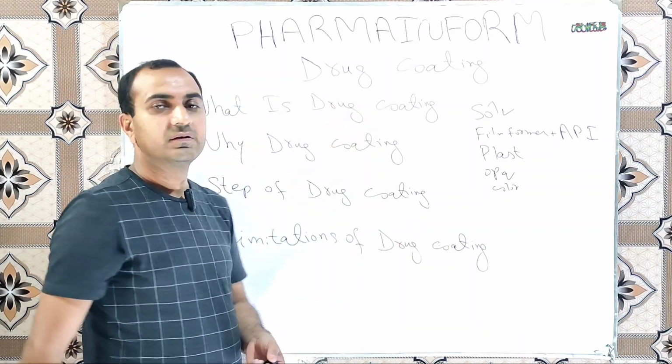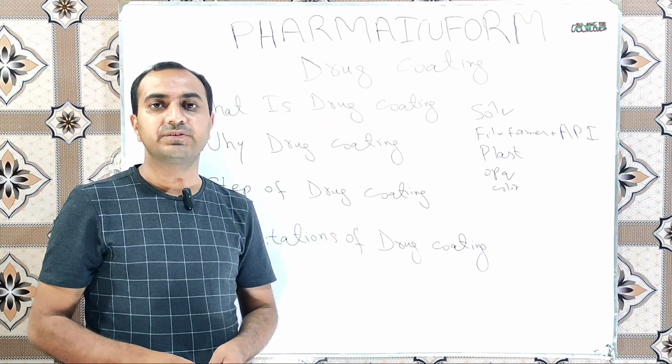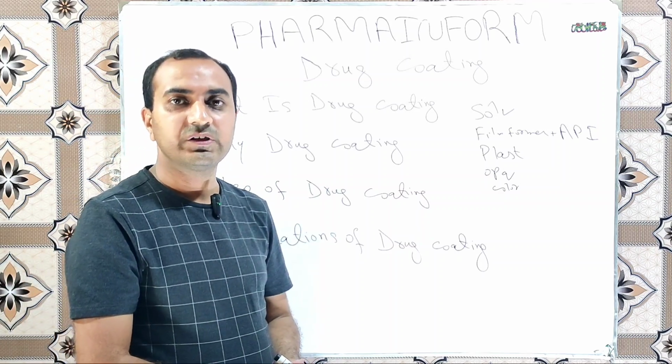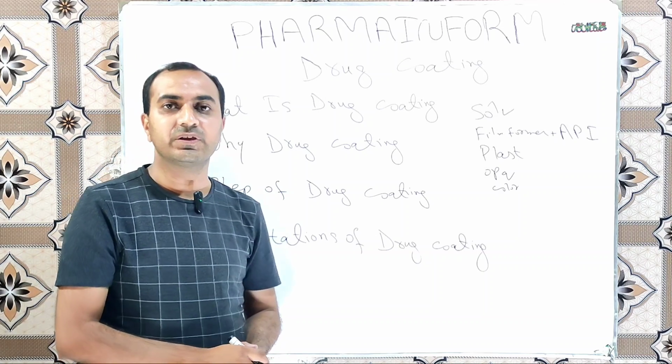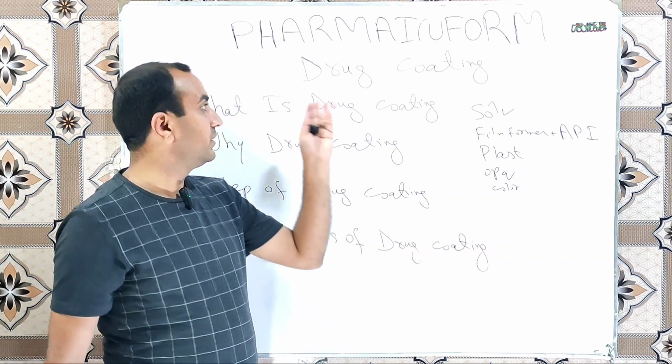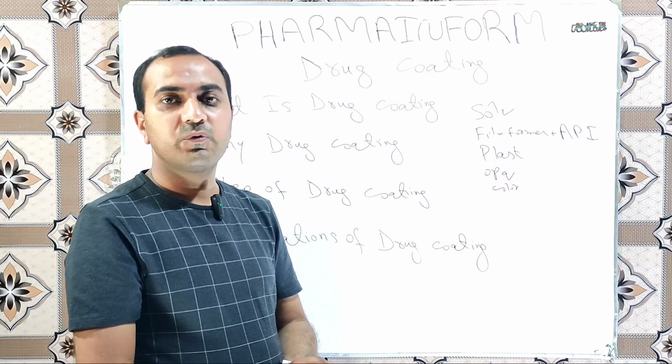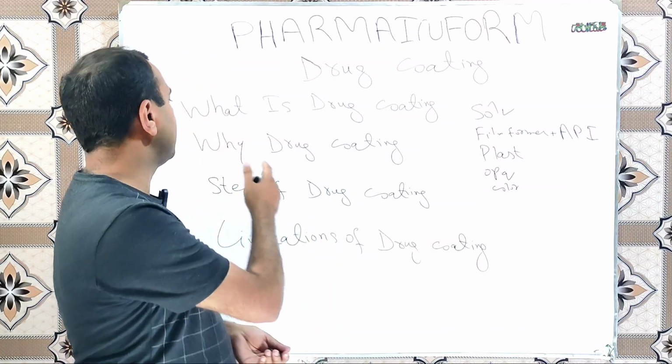So you can see from the name that this is a very critical process, because drug deposition over each tablet and its uniformity is the major concern of drug coating. We will discuss how we manage all this in this video.